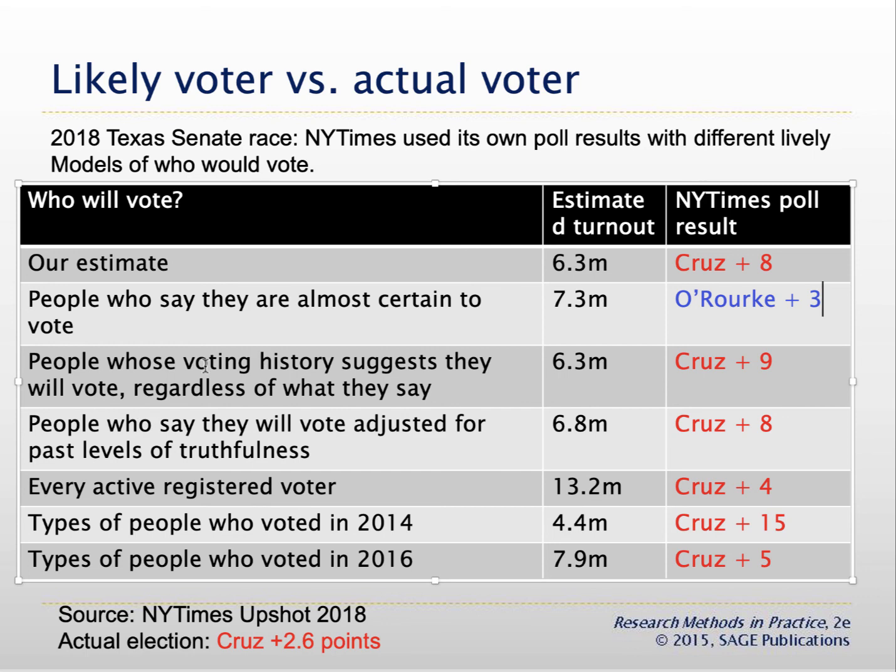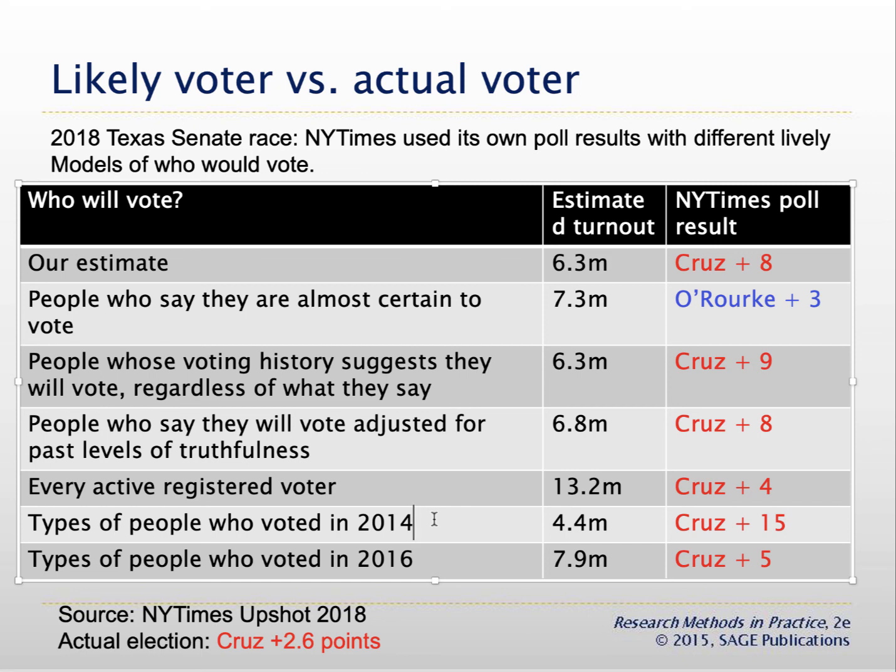They tried some others. They had a model of people whose voting history suggests they will vote regardless of what they say about whether they can vote. Cruz +0.9. People who say they will vote, adjusted for past levels of truthfulness, Cruz +8. Every active registered voter, Cruz +4. Kinds of people who voted in 2014, not a presidential election like 2018, oh my gosh, Cruz +15.